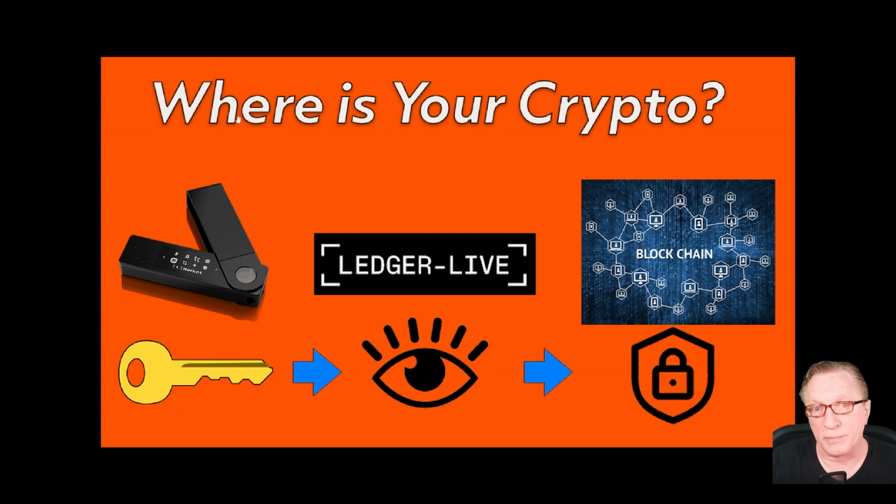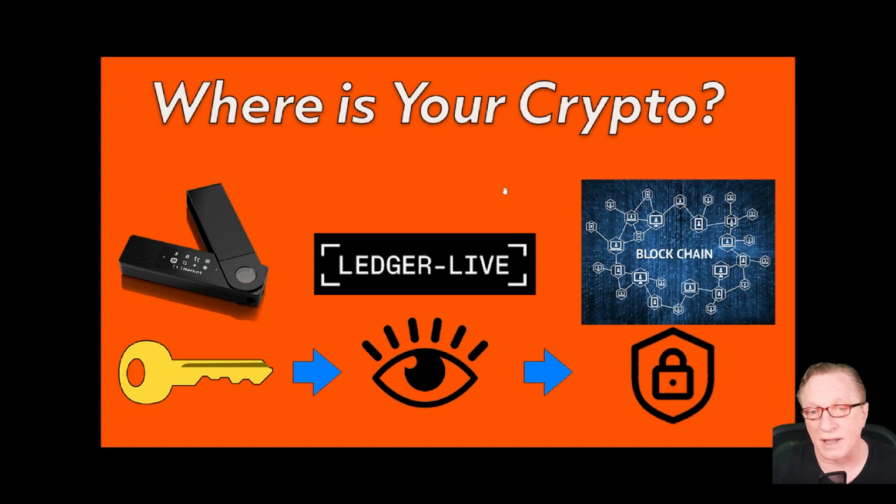So your next question might be, if your crypto is stored on the blockchain, then what purpose do the Ledger device and Ledger Live serve? So the Ledger device is the keychain that will unlock your assets. It doesn't matter if it's one crypto or multiple cryptos. Your Ledger device is like a keychain that can unlock access to all of your crypto assets.